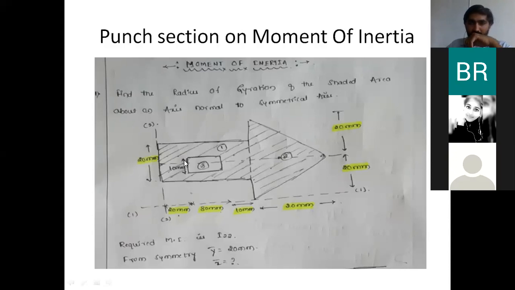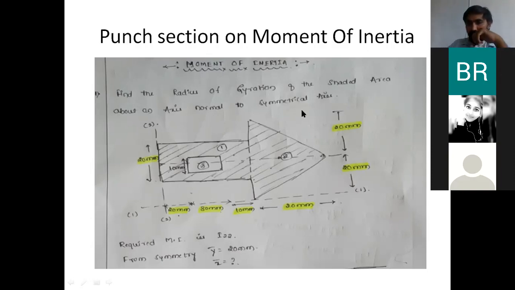Look at the statement of the problem: find the radius of gyration of the shaded area about an axis normal to the symmetrical axis. Whenever you are doing any moment of inertia or centroidal problems, the statement of the problem is very important, because in the statement itself half of the work is done. Here, about an axis normal to the symmetrical axis.